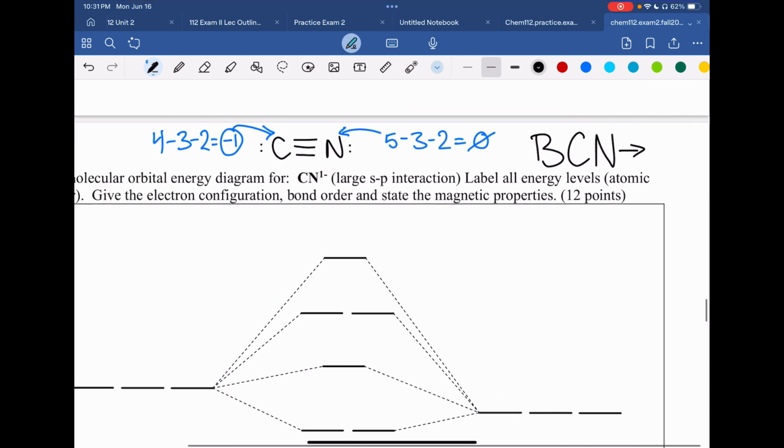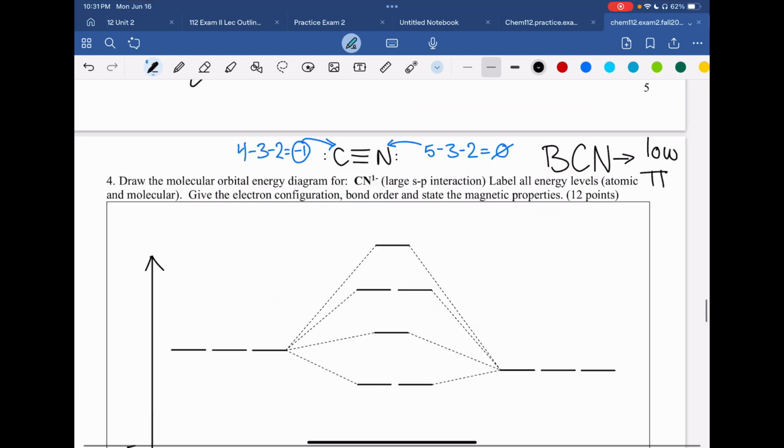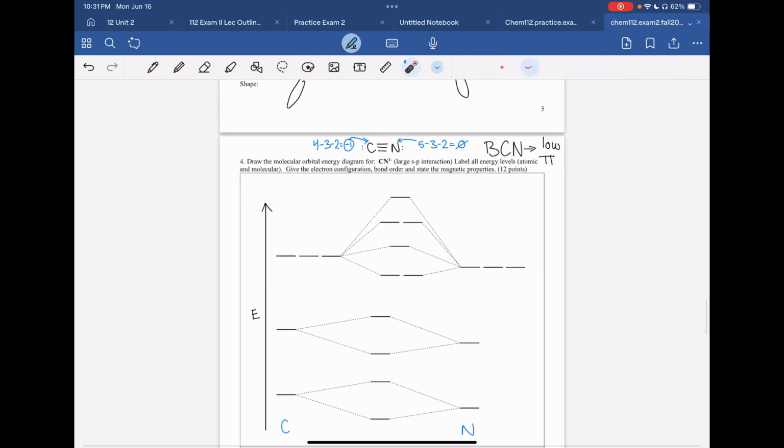So BACON refers to low pi. Okay, remember your pi bond has 2 splitting, and then your sigma, well, these are sigma. These are just 1. Okay, so you have a low pi. Your pi bonds are lower than your typical sigma bonds.